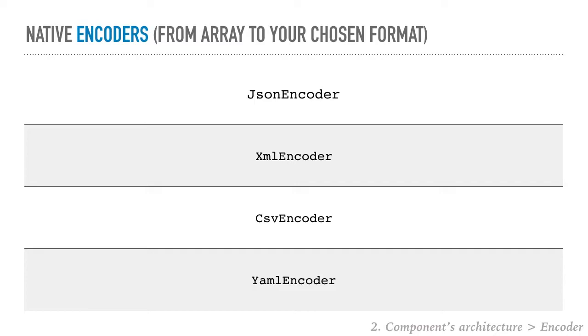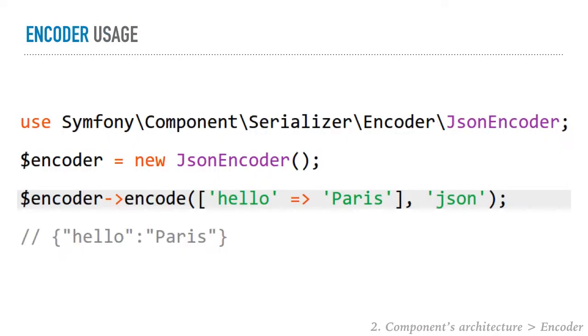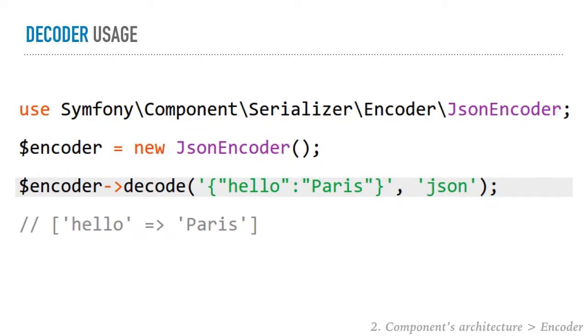So yeah, we have JSON, XML, CSV, YAML, and of course you can implement your own by yourself. How to use it? Again, really easy. You just instantiate the encoder, call the method encode. You pass in as a parameter the array of information you had after normalization, and then you get the end formatted string that you want.